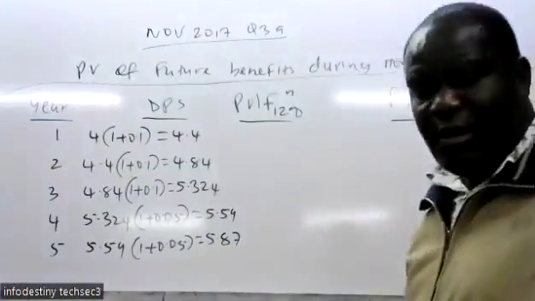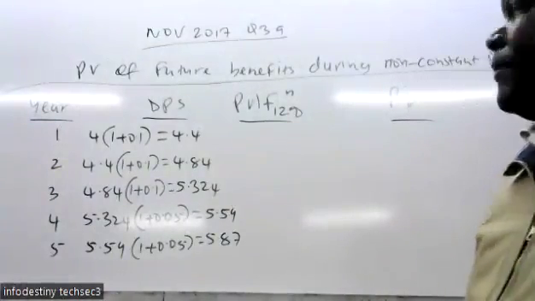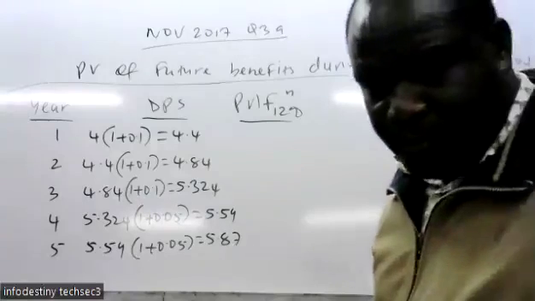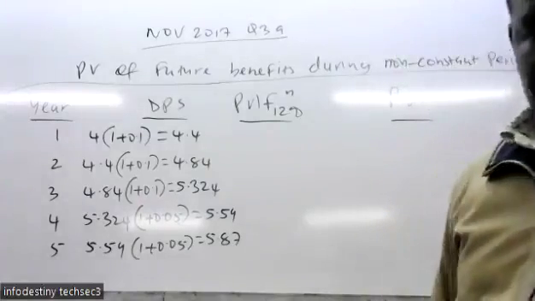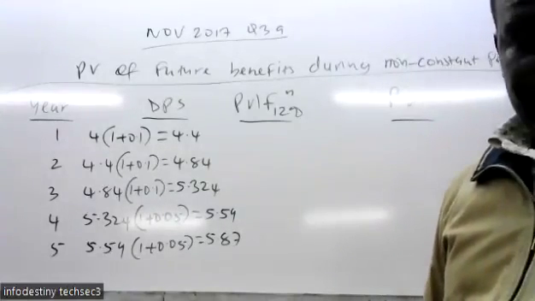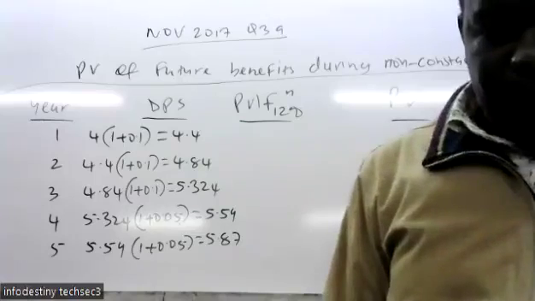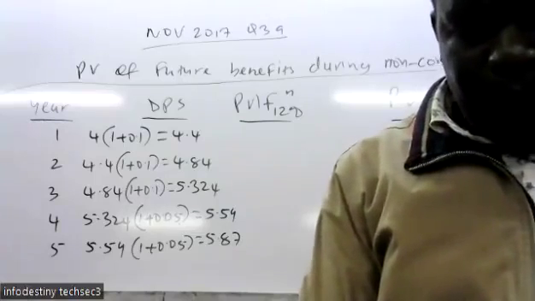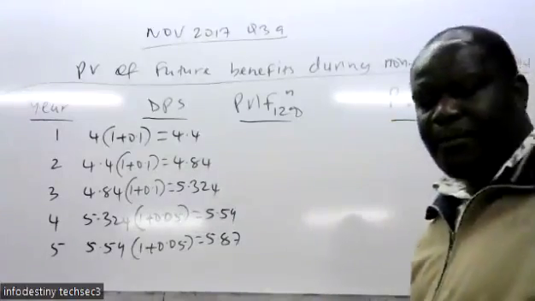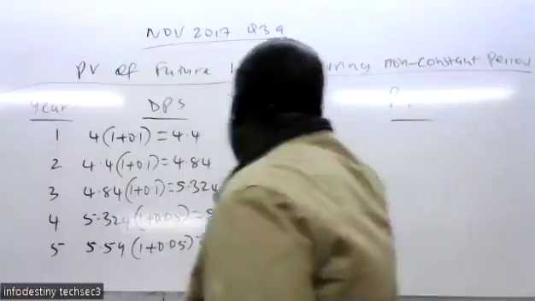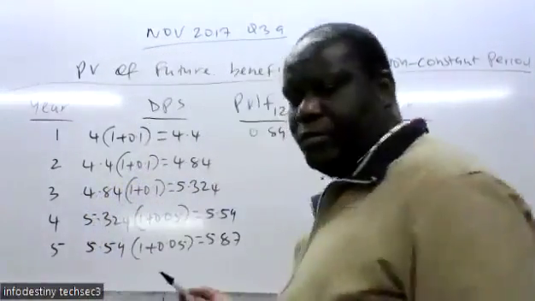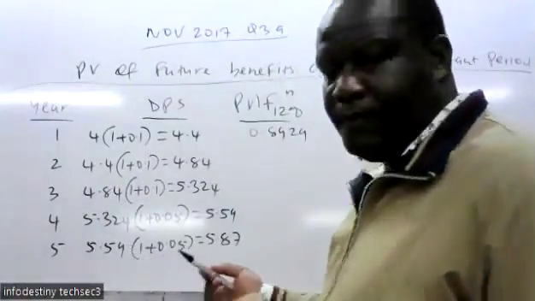That gives $5.87. So now after that, you go to the table. You check 12% year one, 12% year two, 12% year three, like that. Year one, it is 0.89. Year two should be 0.797.